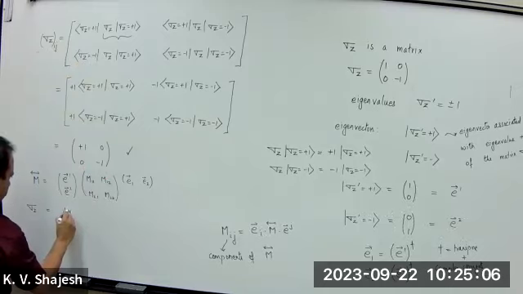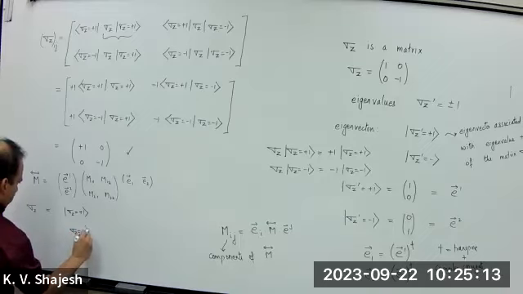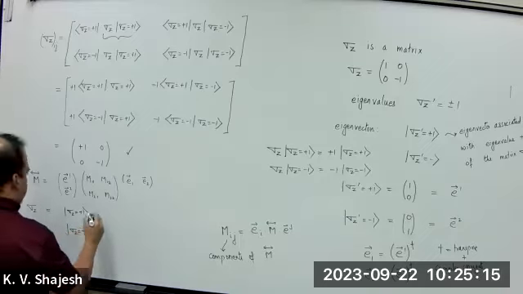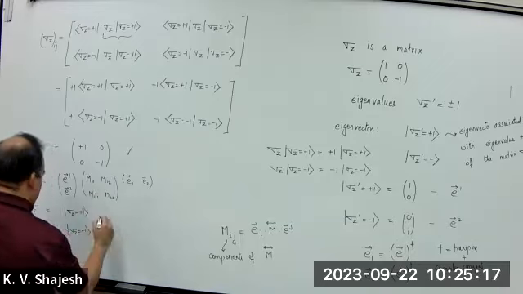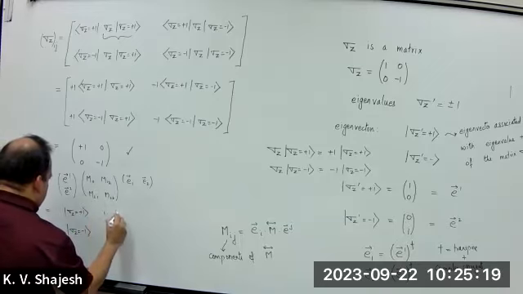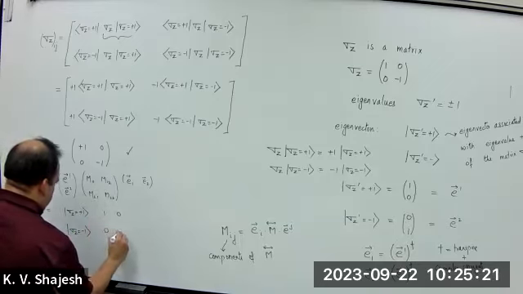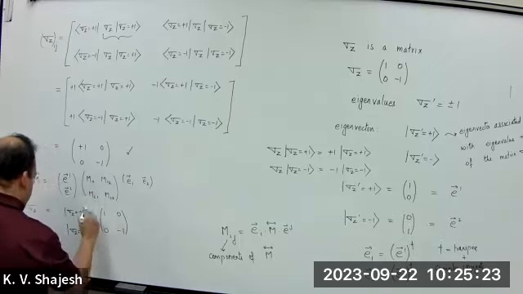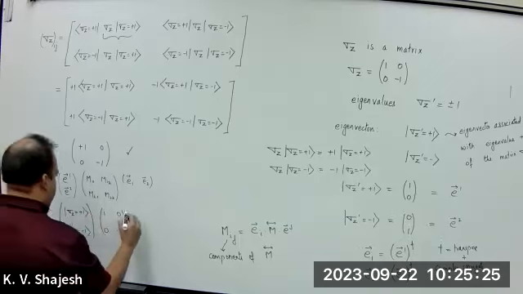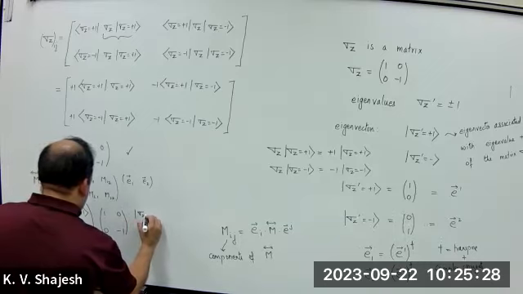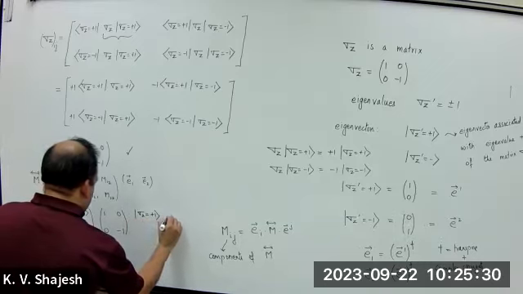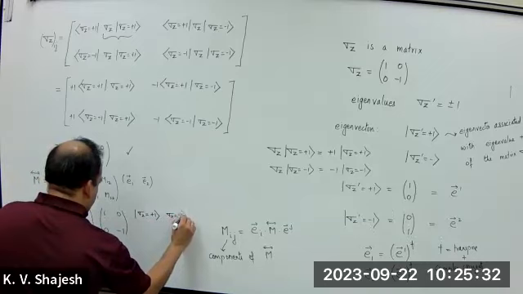So this is sigma z equal to +1, sigma z equal to -1, and then you have, now we know this, so this is 1 0 0 -1, and I have sigma z equal to +1, sigma z equal to -1.